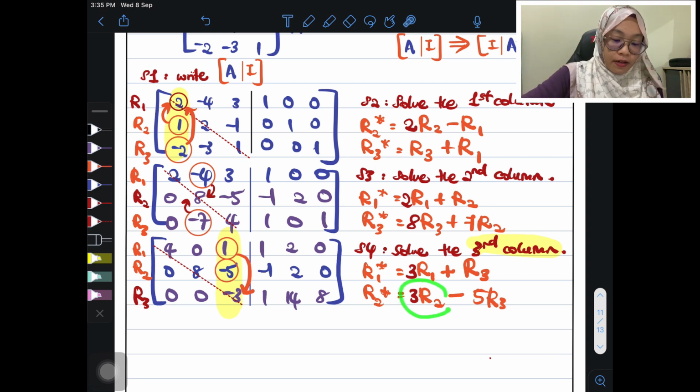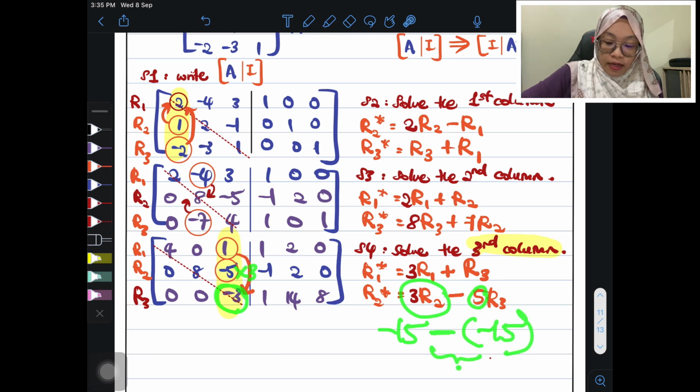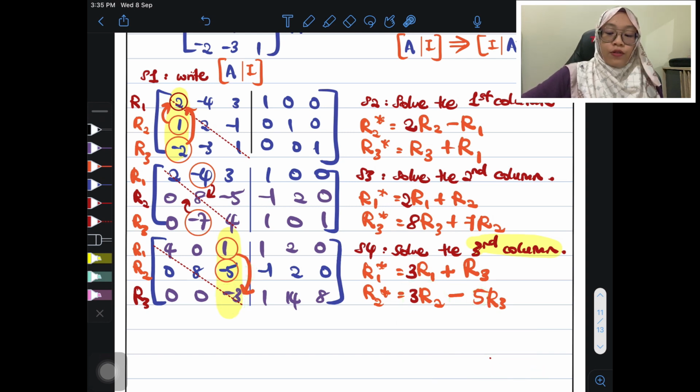Because, I repeat ya, ini kalau darab 3 dapat negatif 15. You kena letak tolak sebab row ketiga kamu adalah negatif 3. Negatif 3 darab 5 adalah negatif 15. Sini akan jadi plus. So, negatif 15 plus 15 is 0. Cara barulah dapat 0 pada second row pula.